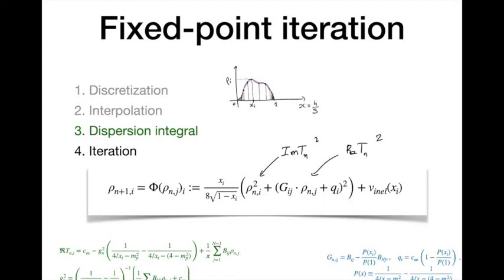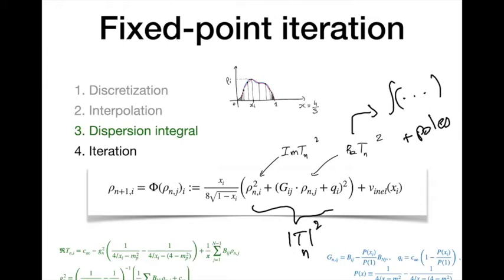This is the modulus of the amplitude squared, which is given by the imaginary part squared plus the real part squared. And the real part, if you remember, is just given by this dispersion integral plus the pole terms. I told you how the dispersion integral gets discretized by B acting on the vector of rho.